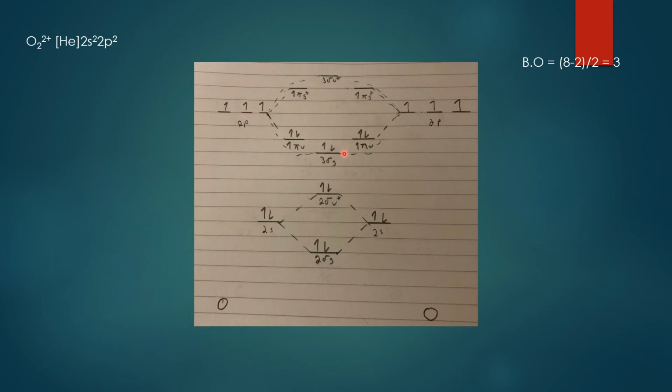And again, very similar to the nitrogen, the bond order is 8 minus 2 divided by 2, which equals 3. And again, that shows the triple bond within the species, but obviously the significant difference is the 3 sigma g being a lot closer to the nucleus, being more attracted to it, so these switch places.